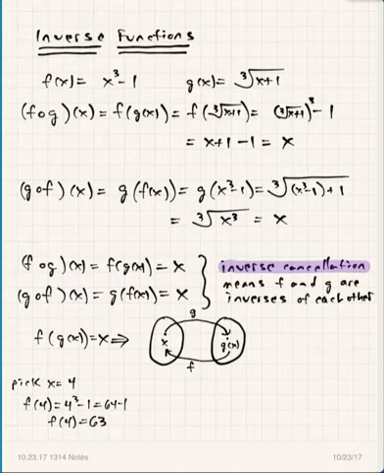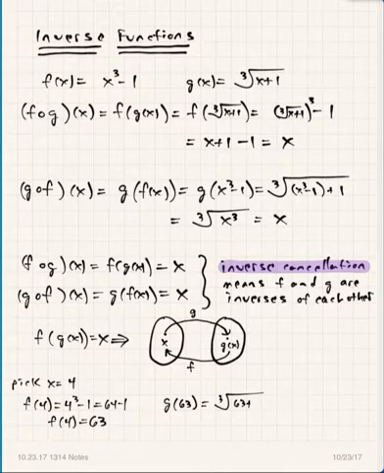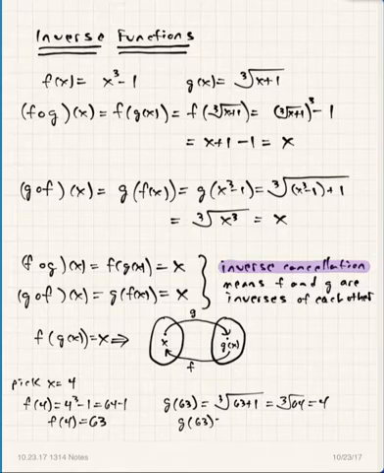Now look what g does with 63. g of 63 is the cube root of 63 plus 1, or the cube root of 64, which is 4. So g of 63 is equal to 4. You have f of 4 is 63, and g of 63 is 4. They do the inverse there, in that f takes 4 to 63, g takes 63 to 4.